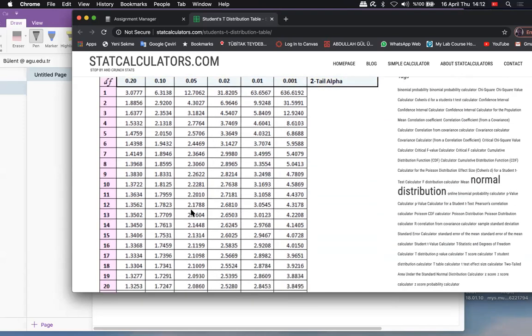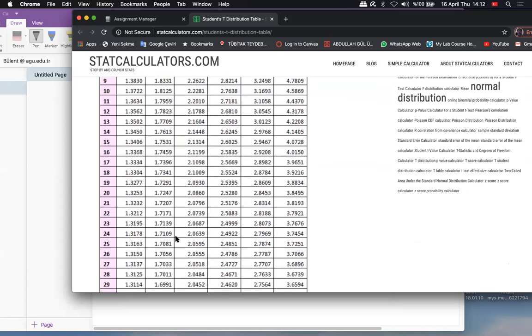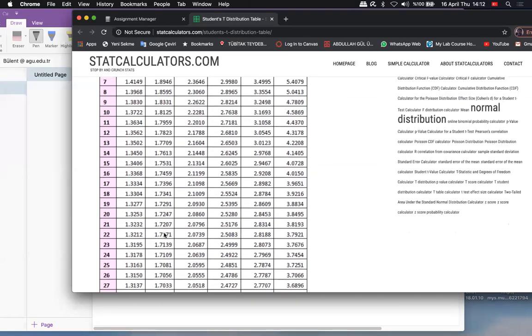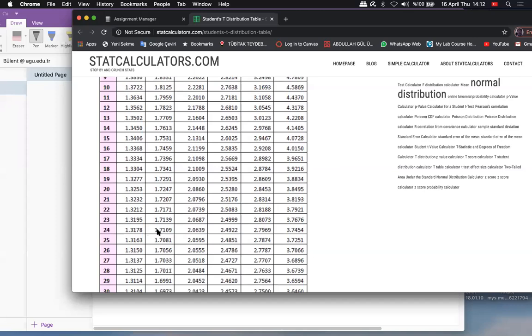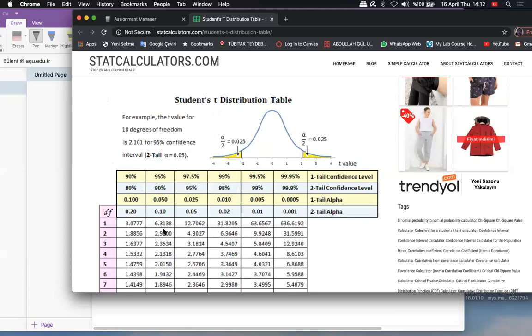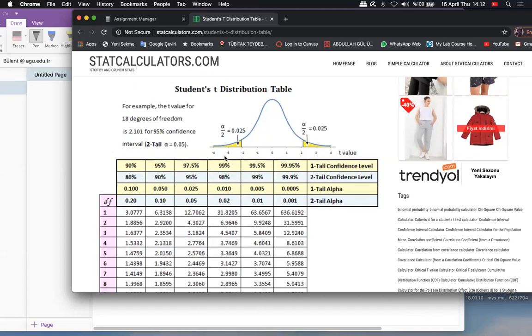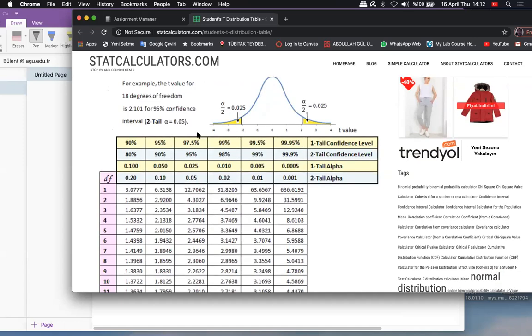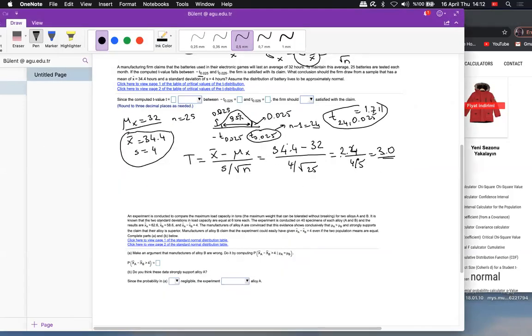And I will go down. And 24 is going to be 24. Am I doing something wrong? Am I looking at something incorrect? Let me check here. From the book, I found this to be 1.711. I will check that later.